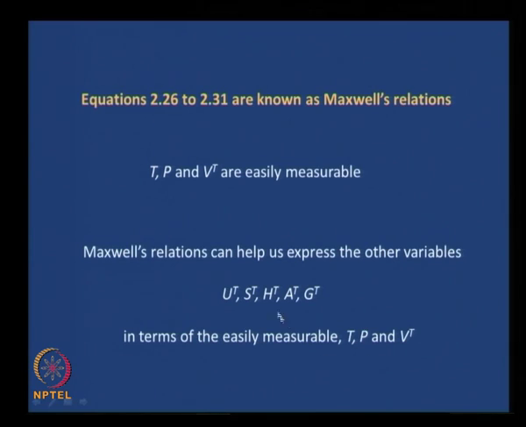At is total Helmholtz free energy, and Gt is total Gibbs free energy. All these can be written in terms of easily measurable T, P and total volume, and therefore, by these measurements under suitable conditions, we can estimate these thermodynamic variables Ut, St, Ht, At and Gt.